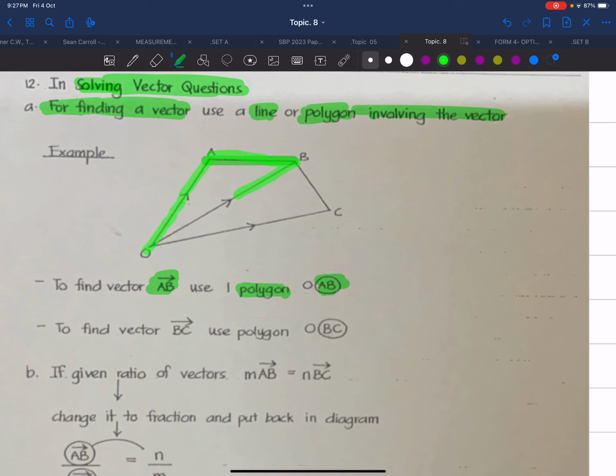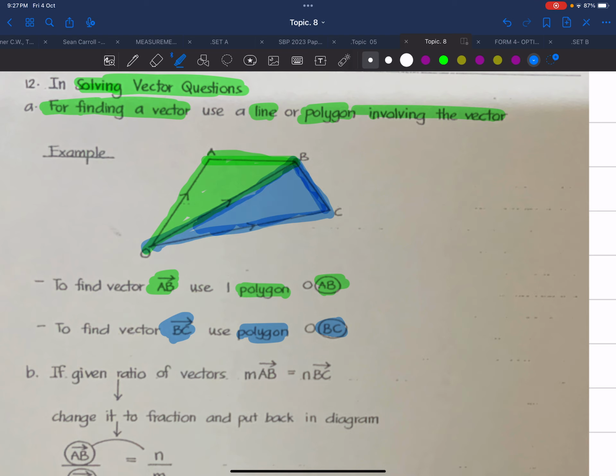You must use this polygon. Another example. Let us say you want to find vector BC, which is over here. That means you must use the polygon involving the vector BC, which is OBC. Now you must use this polygon. So when I do the questions, you will get a clearer understanding.